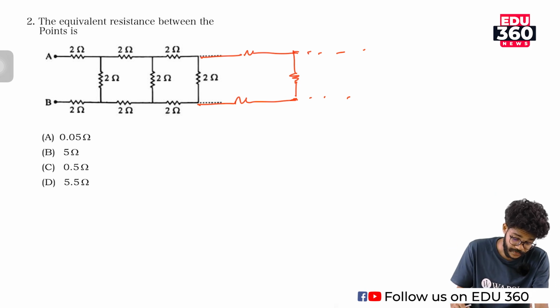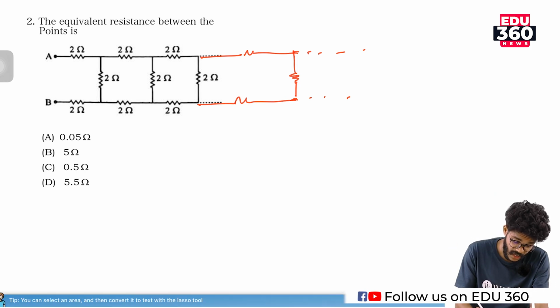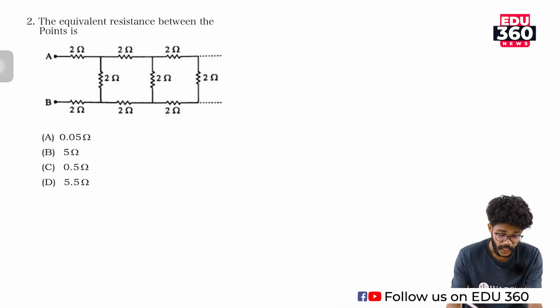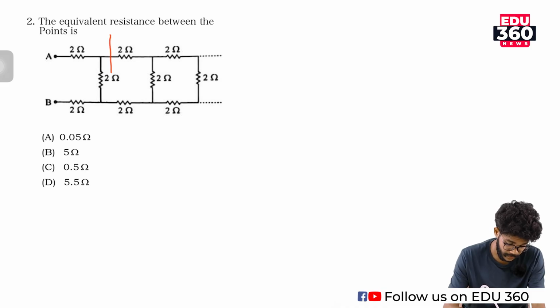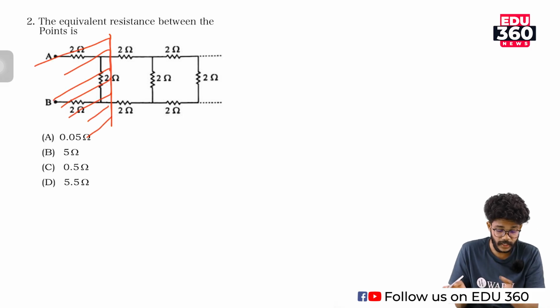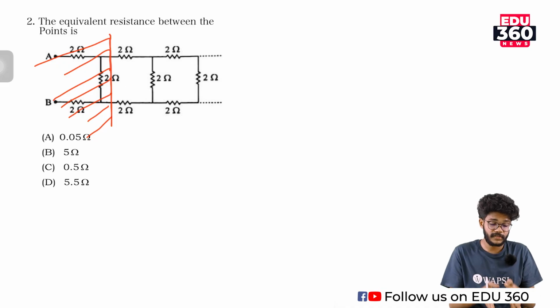How? I will make this kind of marking. I am drawing a mask here. Please don't consider this resistance. Now see what is the difference from the previous image to this image.